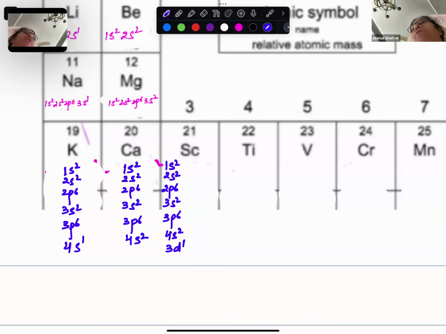But what you are supposed to do? Due to repulsion, the 4s will be after 3d. Like you will write it, but you will fill in this order.